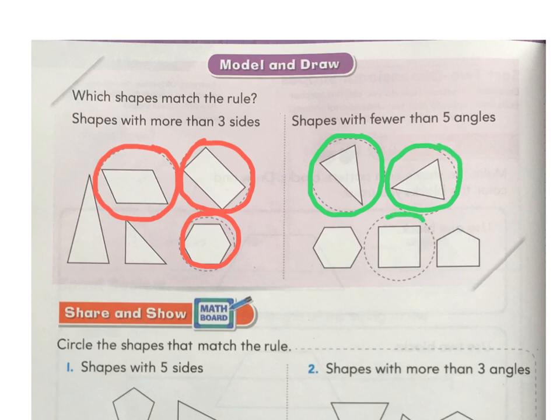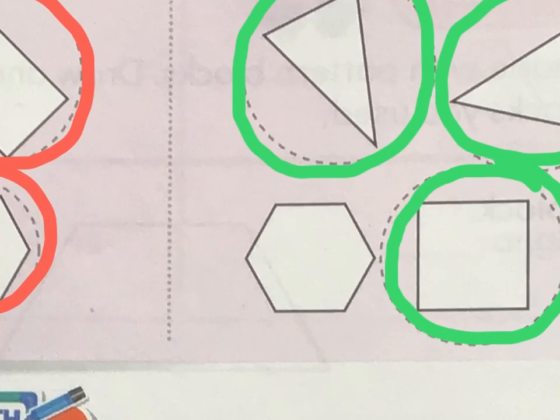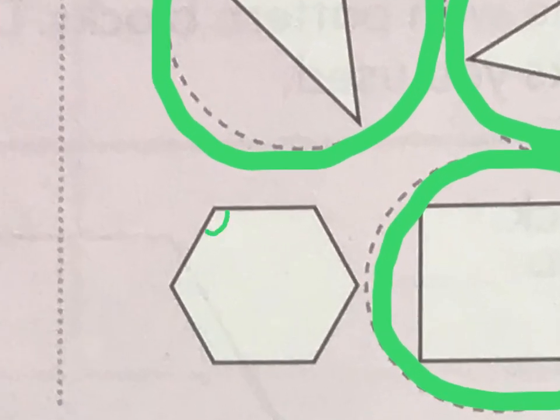And they circled the square because that has 4 angles. And they did not circle the hexagon or the pentagon because they each have 5 angles. Remember, angles are where the 2 sides meet, and we indicate angles by putting these little curvy lines where the 2 lines meet.